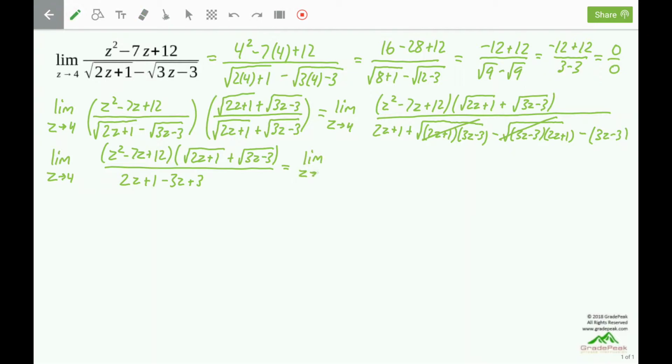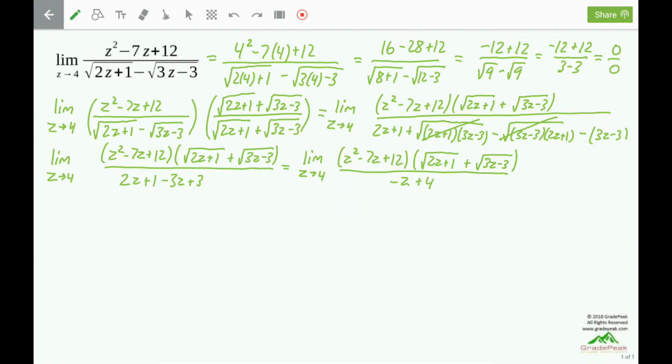Limit as z goes to 4. Z squared minus 7z plus 12 times the square root of 2z plus 1 plus the square root of 3z minus 3 divided by, combining like terms, we have a 2z minus a 3z, that will be a negative z, and then a 1 plus a 3, that will be a plus 4.